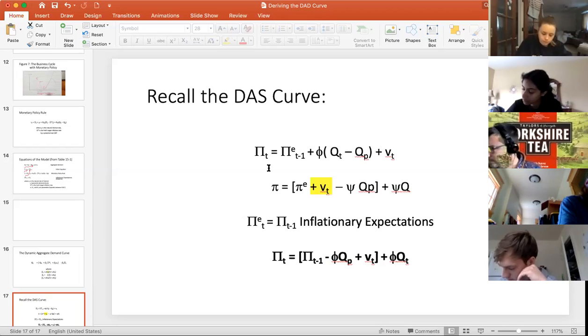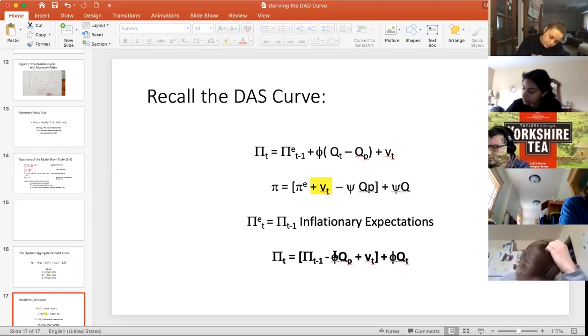Okay, so the very last step is to take our inflationary expectations equation and plug it into the pi e terms so that we end up with a DAS curve that is comparable to the DAD curve, meaning that we have a positive slope, which means an upward sloping DAS curve, which is the way it's supposed to be. And then these are the three things that would shift the DAS curve.